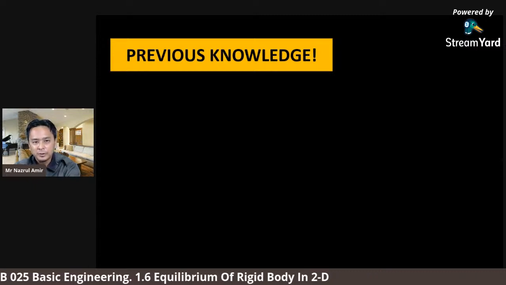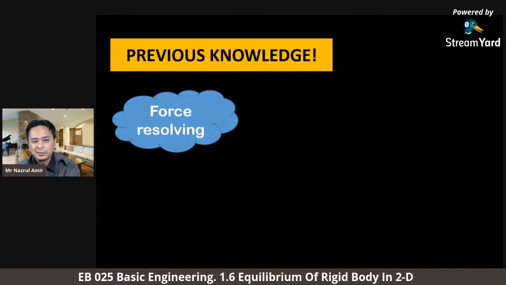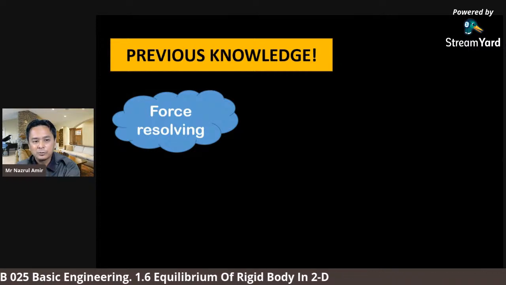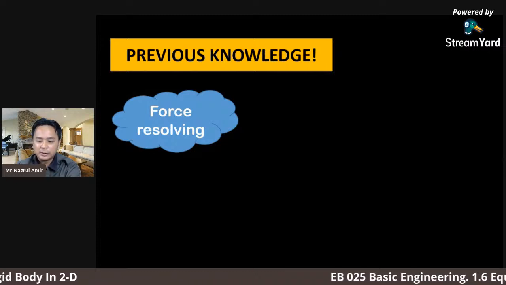What are the previous knowledge that you must acquire in order to solve the problem in this subtopic? First of all, the force in the force system that you have learned before. You need the skill of force resolving. This is a very important skill, a fundamental one in statics.